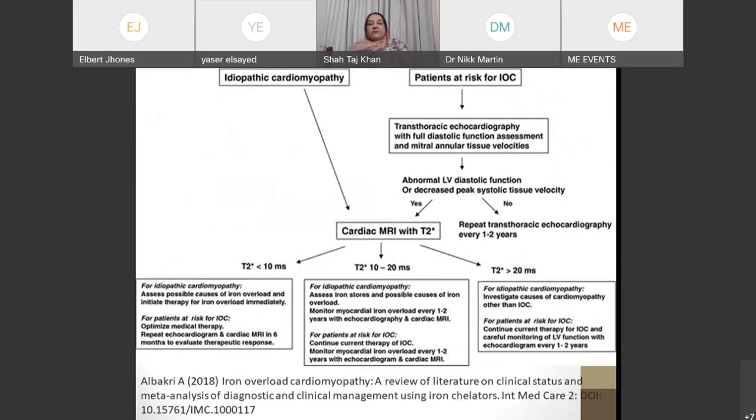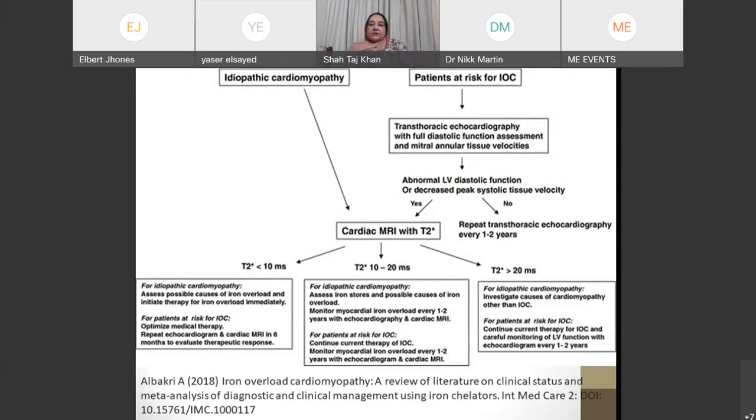So we differentiate here between idiopathic cardiomyopathy and patients with iron overload cardiomyopathy. In cardiac iron overload cardiomyopathy, transthoracic echocardiography with full diastolic function assessment and mitral and annular tissue velocities are to be seen regularly.